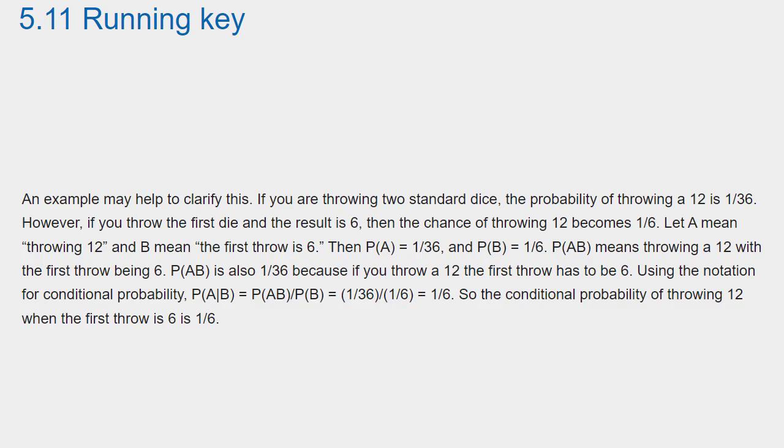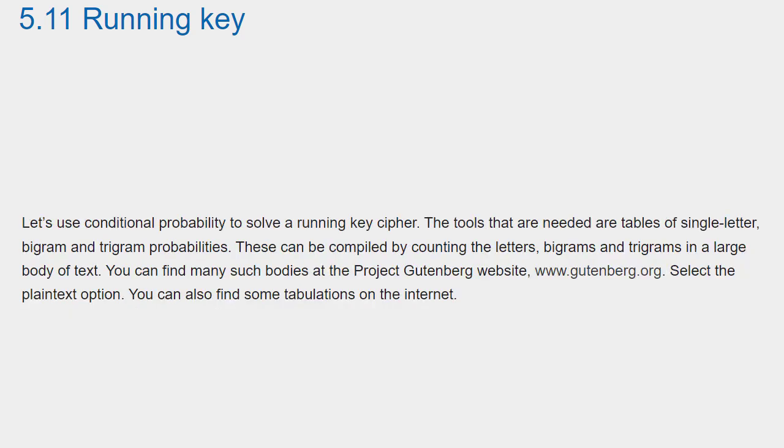P(A and B) is also 1/36, because if you throw a 12, the first throw has to be 6. Using the notation for conditional probability, P(A|B) = P(A and B) / P(B) = (1/36) / (1/6) = 1/6. So the conditional probability of throwing 12 when the first throw is 6 is 1/6.